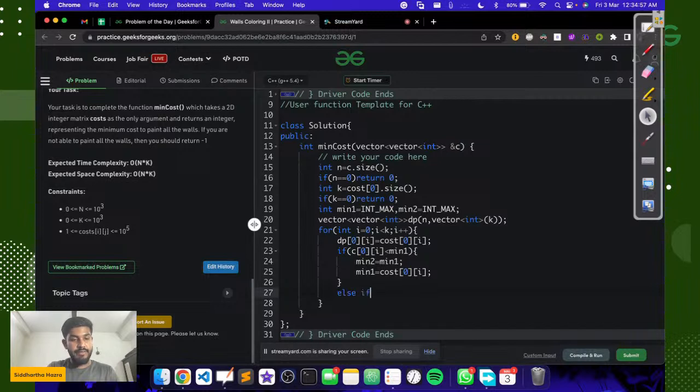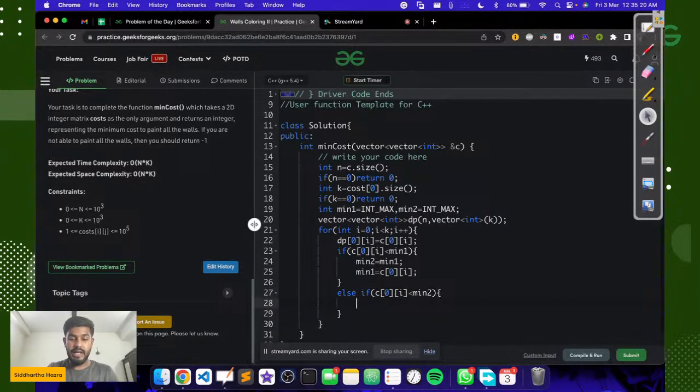Else if C of 0 comma i is less than min 2, if this is the scenario, then min 2 is equal to C of 0 comma i itself.